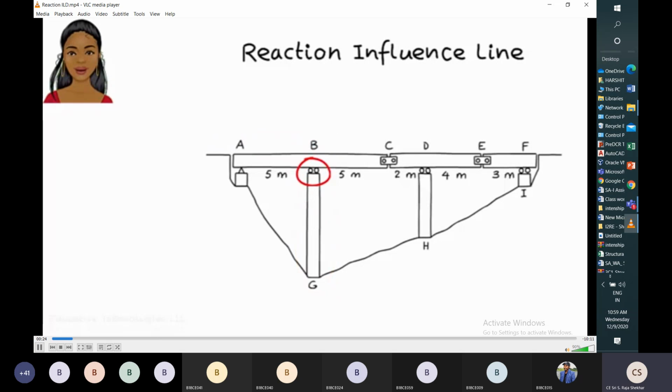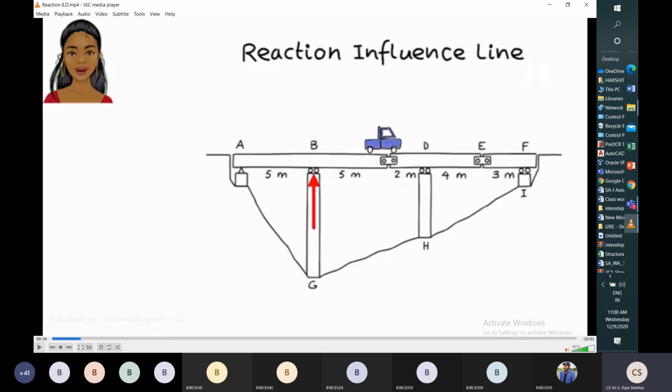When the unit point load is at A, the reaction at BG is 0. That means the column member BG has zero reaction. When the unit point load moves from A to B, the reaction at B is gradually increasing, and further increasing.